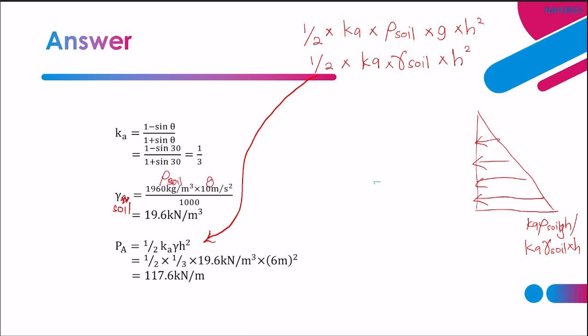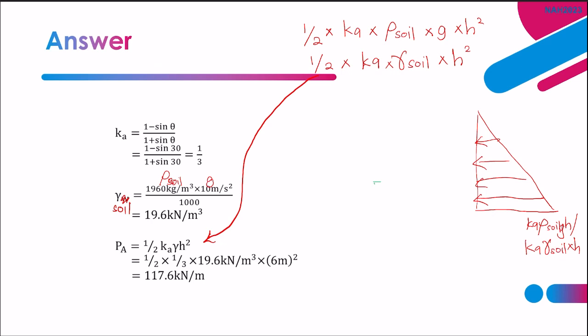And you can just masukkan je dalam this formula, which is half Ka unit weight of soil times H power of 2. Ka, we already have the value 1/3 or 0.33 if you use that, times with 19.6, that is the unit weight of soil, times with 6 meter, that is the height of the soil, sebab soil reach the top of the retaining wall punya level.